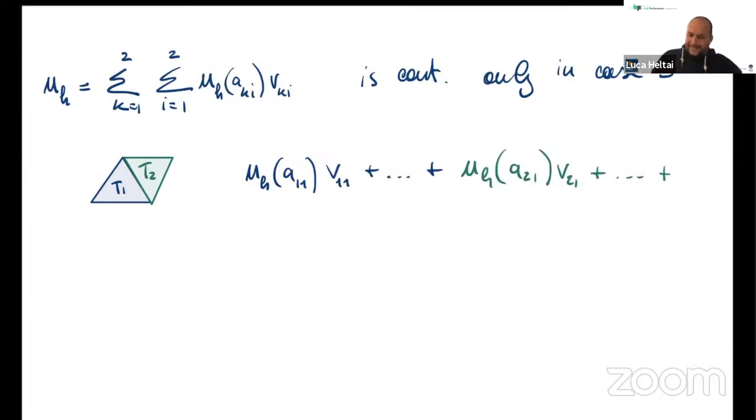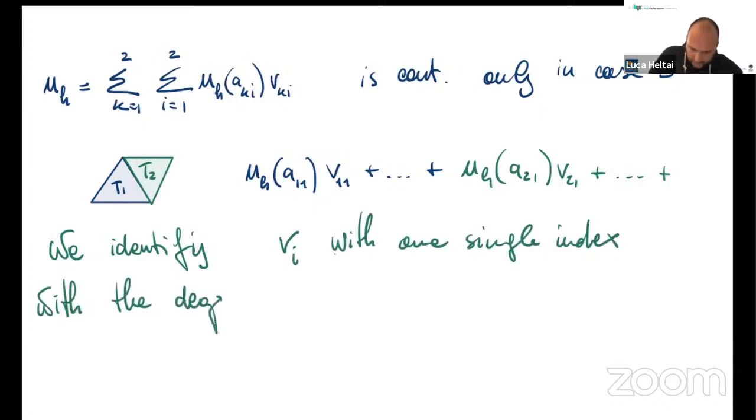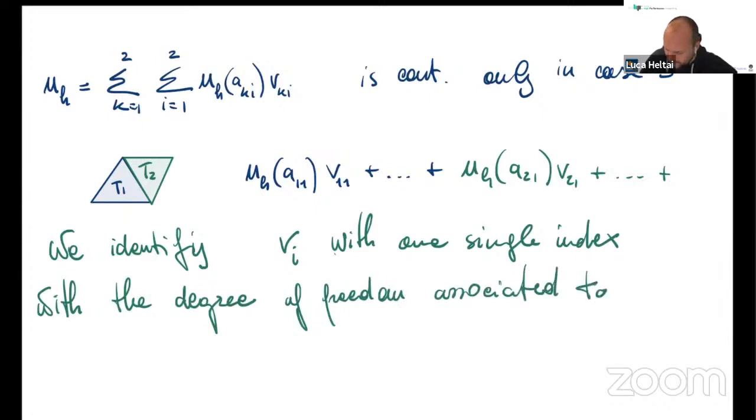Okay. And the trick to understand what is happening is that we identify v_i with one single index, with the degree of freedom associated to a_i, with one single index again.